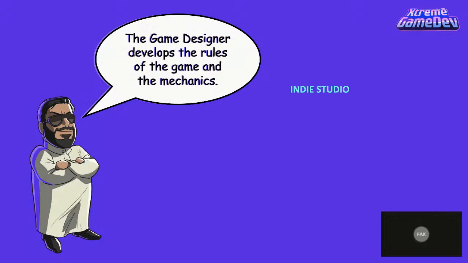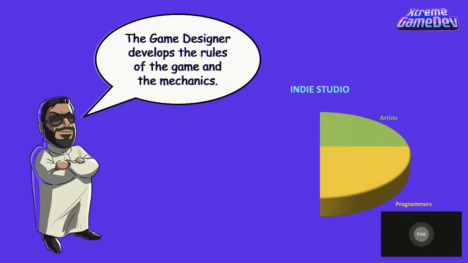This is the game designer. For example, in an indie studio, you'd have artists, programmers, and other developers, and you'll notice that I put a big chunk of the pie for the game designer, because it's a big responsibility. This pie chart is a responsibility chart: what share does each developer have in the development of the game?